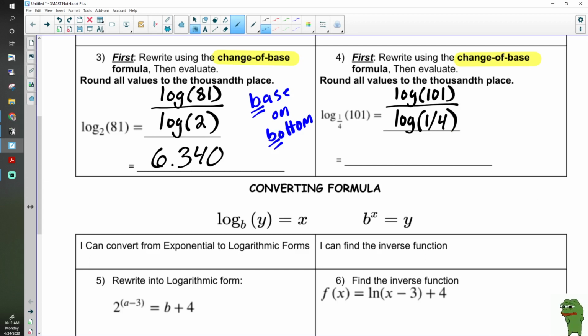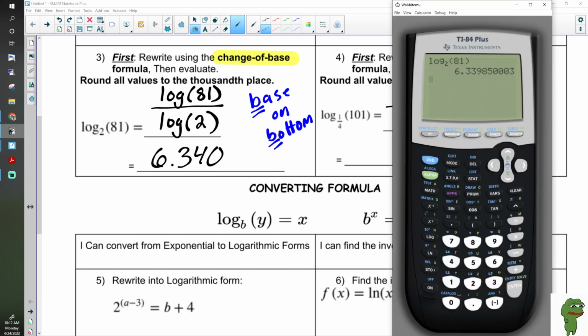Log of 101, close parentheses, divided by log of 1 divided by 4. Enter.